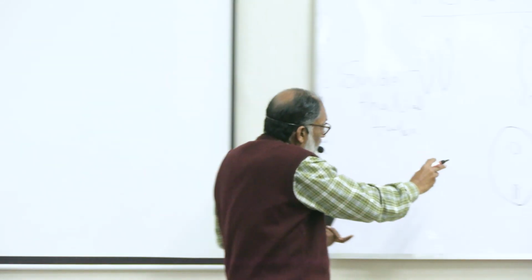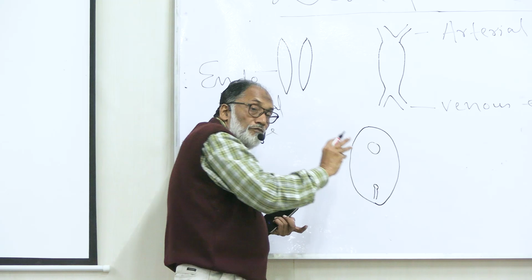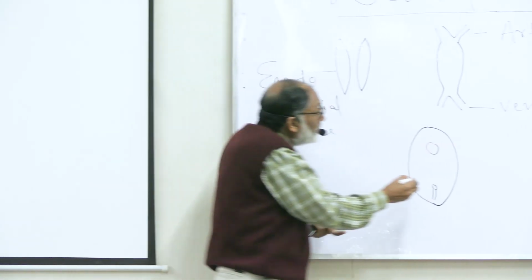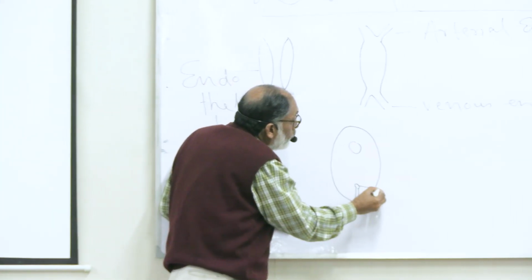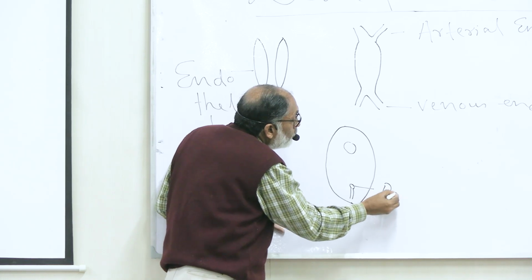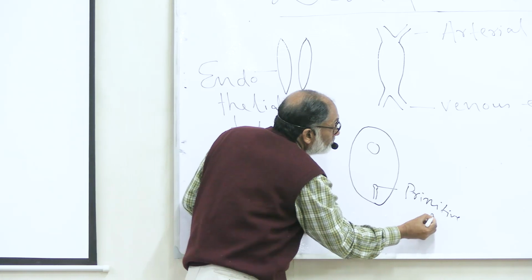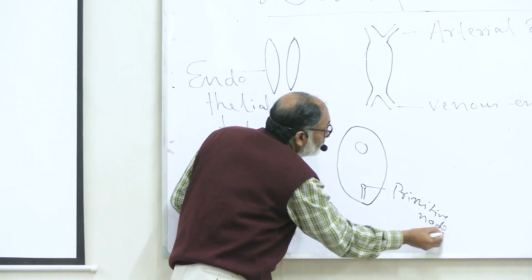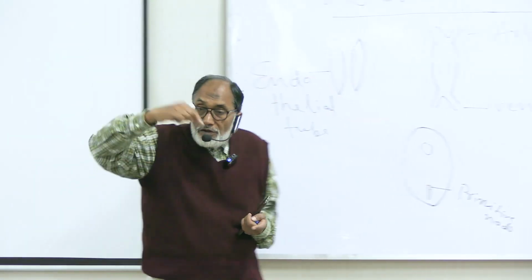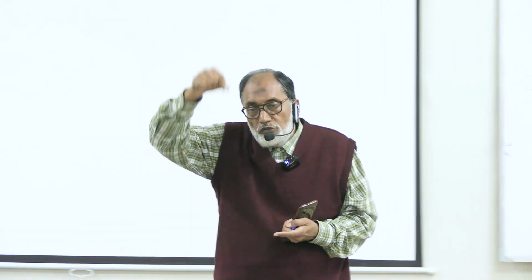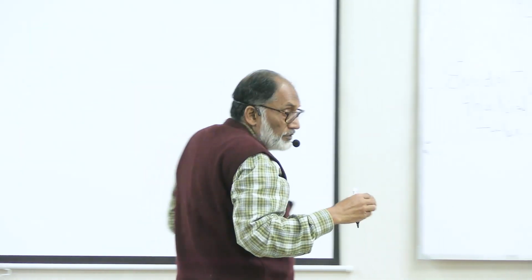Now, the cephalic end of this streak proliferates and forms a raised area, that is called the primitive node. One depression appears within the primitive node, known as the primitive pit.